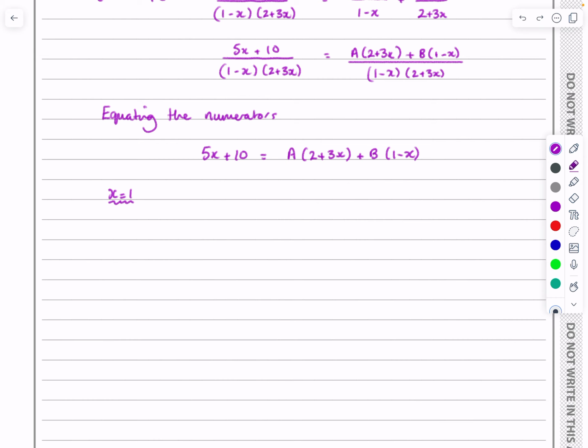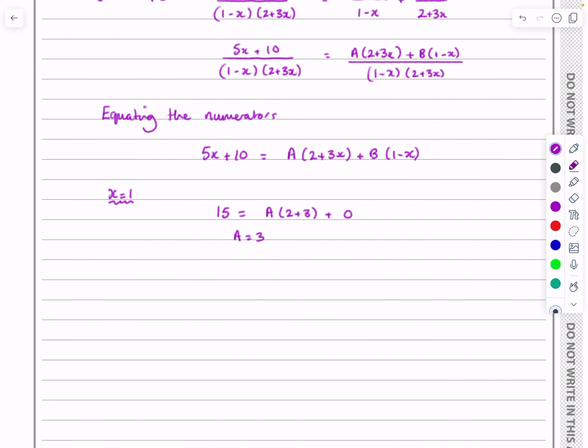So if x is equal to 1, I'm going to get 5 + 10 on the left-hand side. 15 is equal to A lots of (2 + 3), and as I say, this term here is going to be 0 there. That's 5A equals 15, so A is equal to 3.